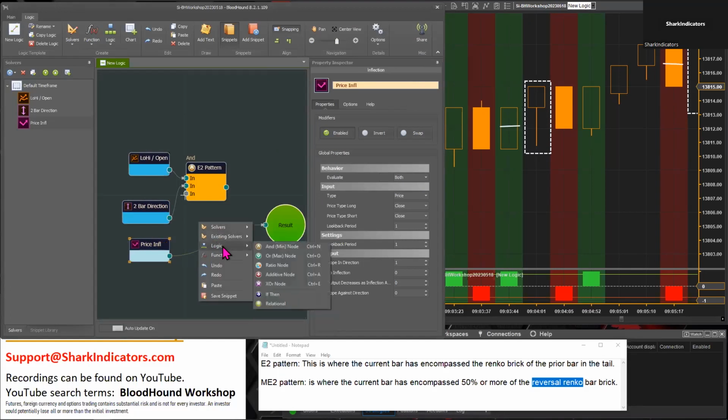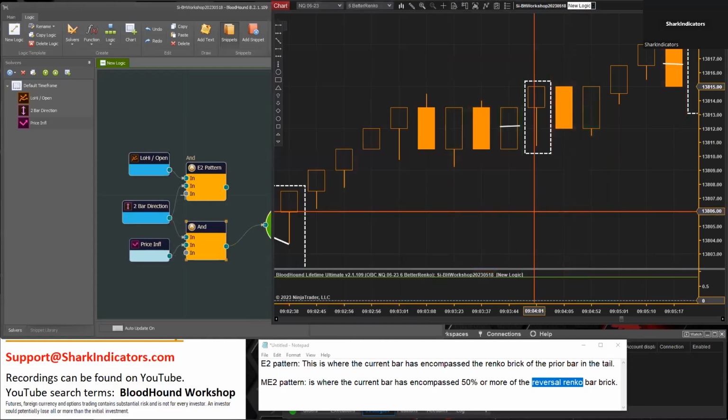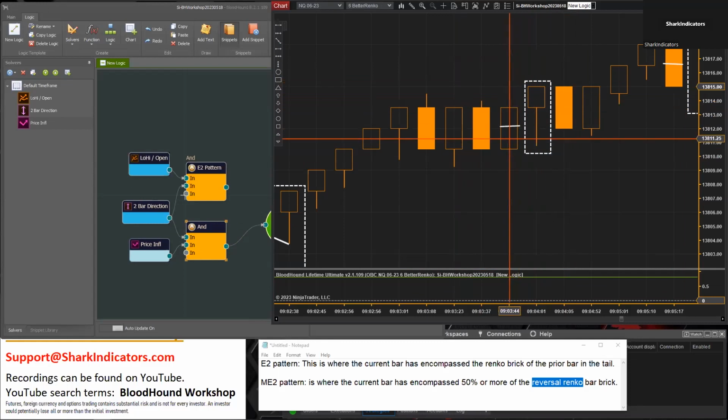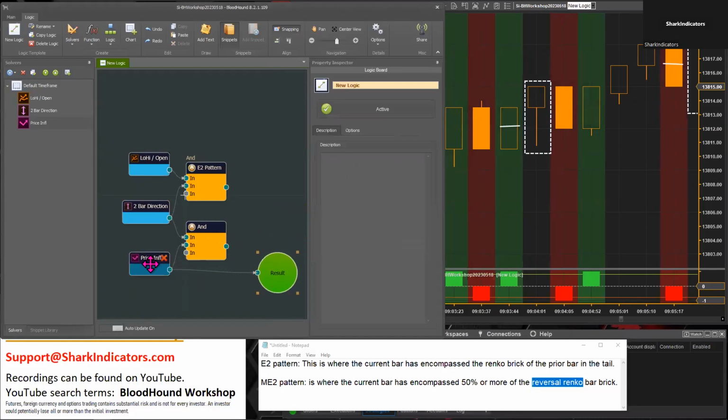So let's go to the logic nodes here, and let's grab another AND node. Connect that up. And if we look at this, we're not getting any output. So why is there no output?